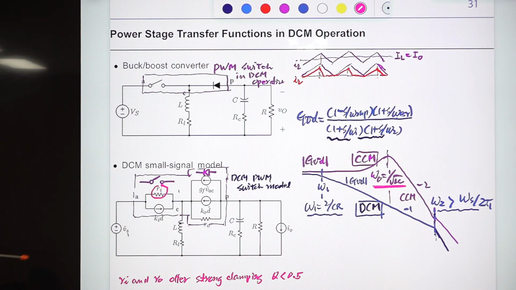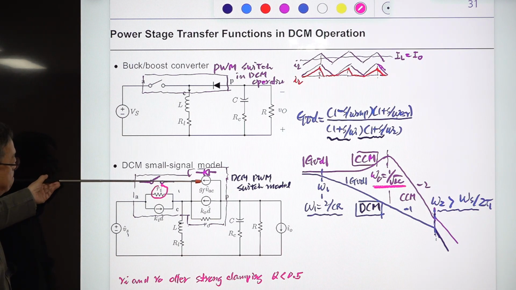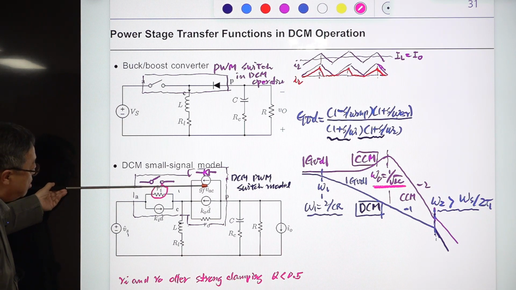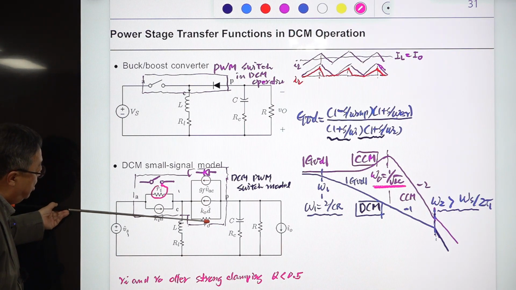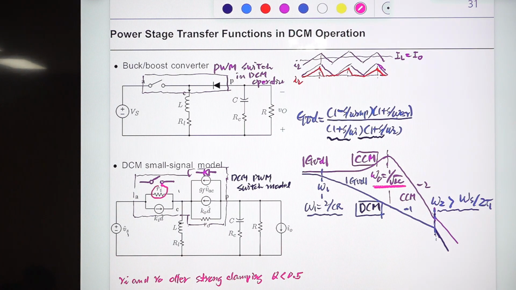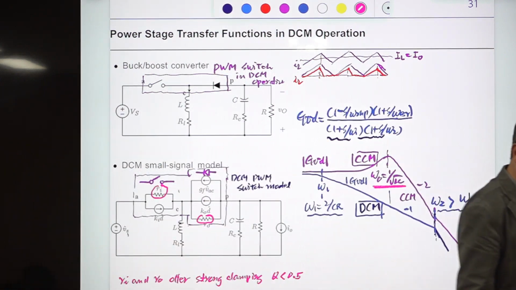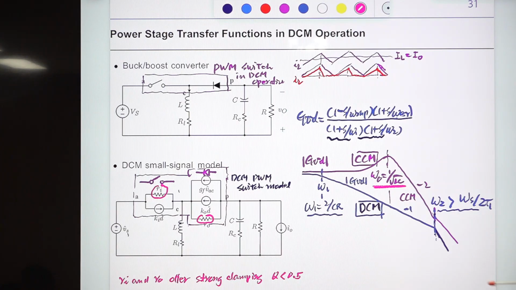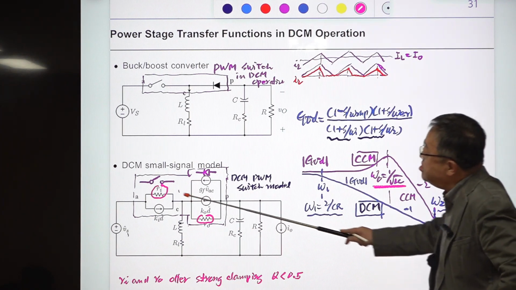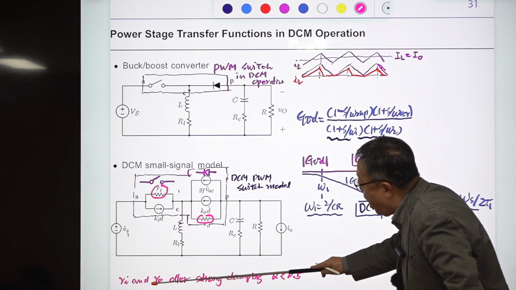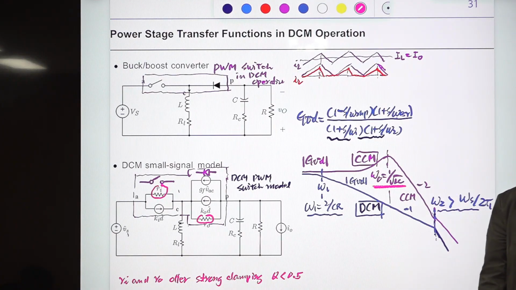And this diode is replaced with the circuit, a 3 parallel combination of this, and one of them is resistance. And the value of this is relatively large, maybe 50 ohm, 70 ohm, something like that, very large. And the role of this RI and RO being very large is that it provides substantial damping.